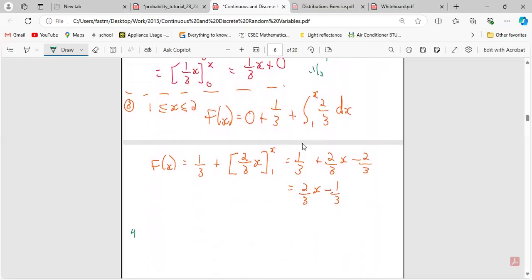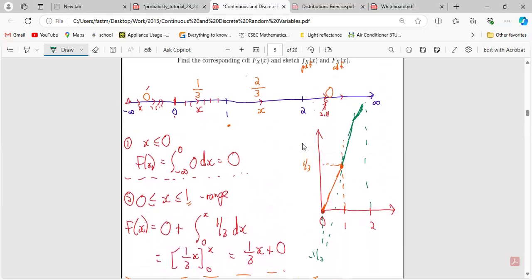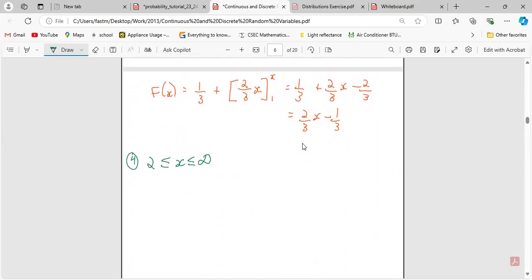So the fourth one, those in green: if x is less than or equal to positive infinity, but more than or equal to 2 in this case. Same thing, cumulatively add up the areas, or the probabilities.